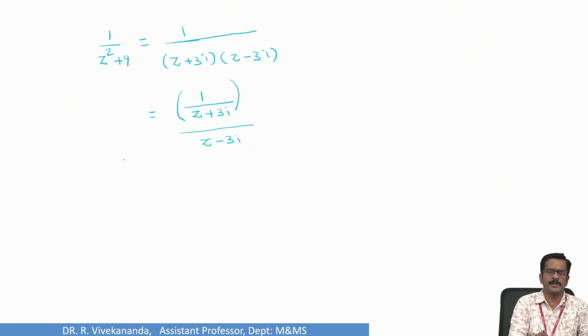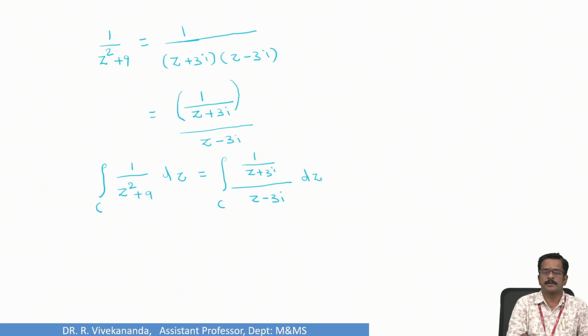Now we have to evaluate the integration. Integration over C of 1 by z square plus 9 dz can be written as integration over C of 1 by z plus 3i, divided by z minus 3i, dz.